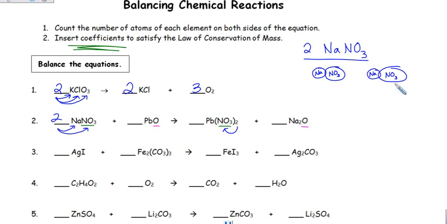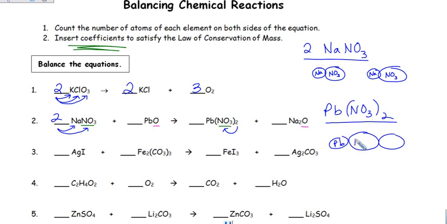Kind of bigger than the first one, that's fine. When I say that I have lead nitrate, then I have something like this. Lead nitrate, nitrate.